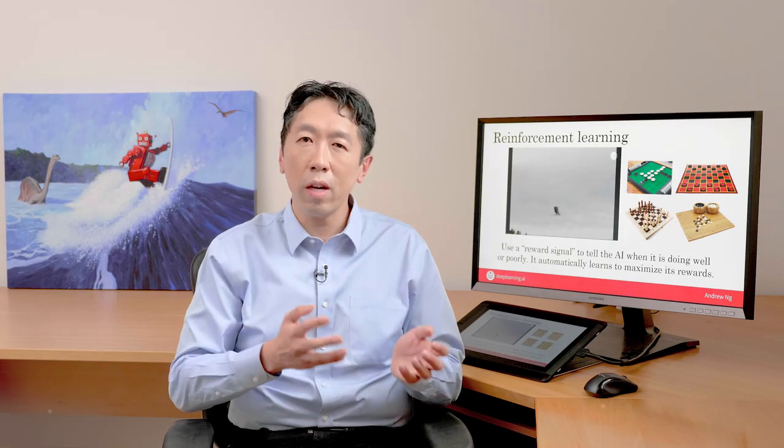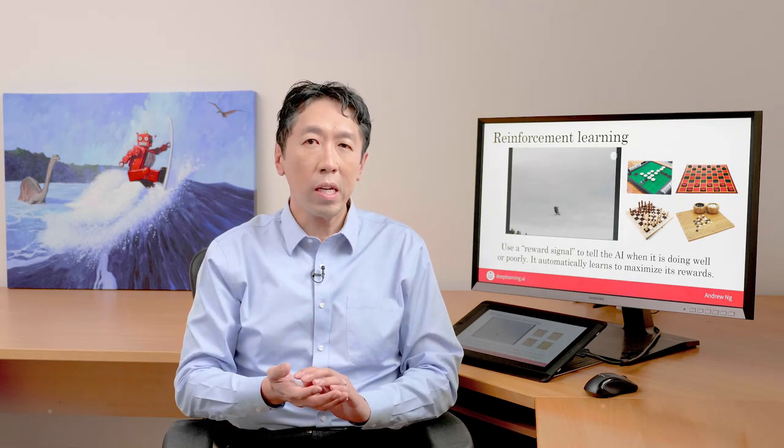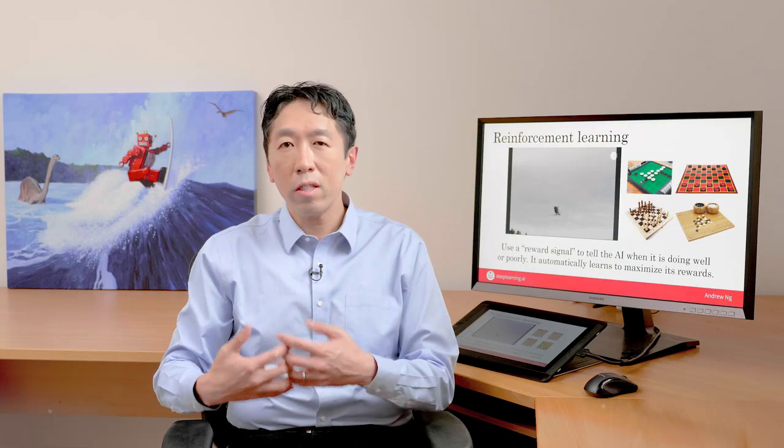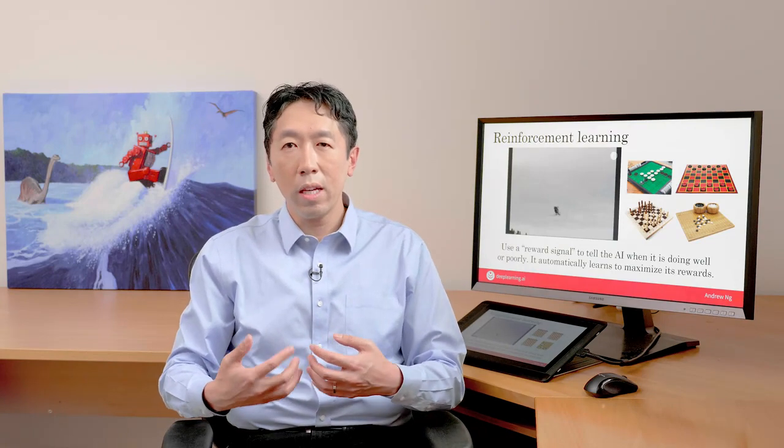In the case of the autonomous helicopter, we had a simulator for the helicopter so it could fly in simulation for a long time to figure out what works and what doesn't work for flying a helicopter. There's still a lot of exciting research work being done to make reinforcement learning work, even for settings where you may not have an accurate simulator, where it's harder to get this huge amount of data.